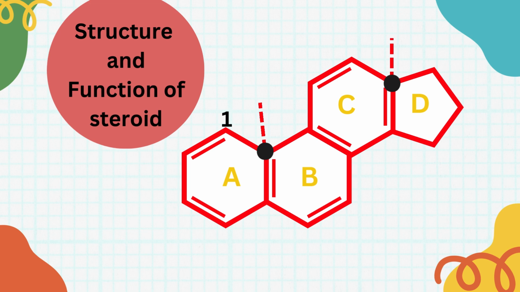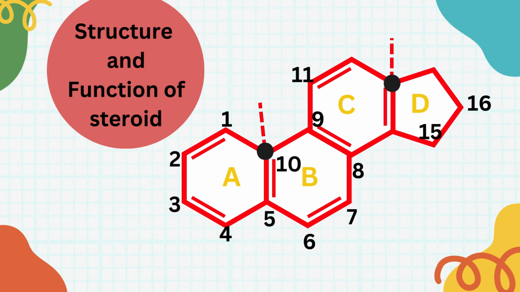This is carbon 1, and numbers 1 to 10 will wrap around rings A and B this way. Then carbon 11 jumps over to ring C and we wrap around rings C and D. Lastly, numbering these 2 methyl groups like this. All the steroids we examine will be based on this structure.